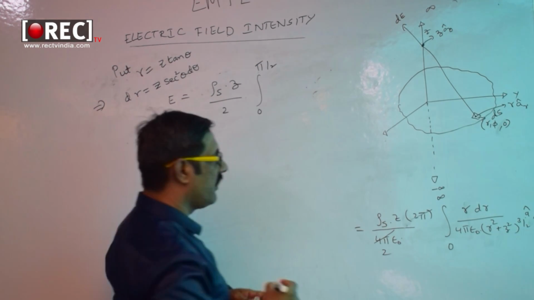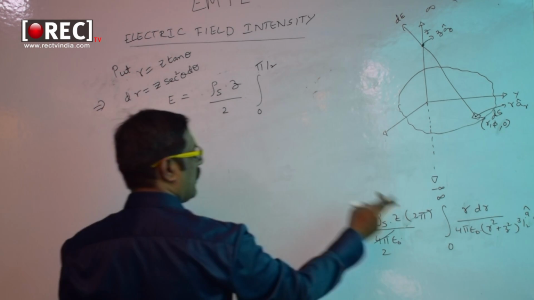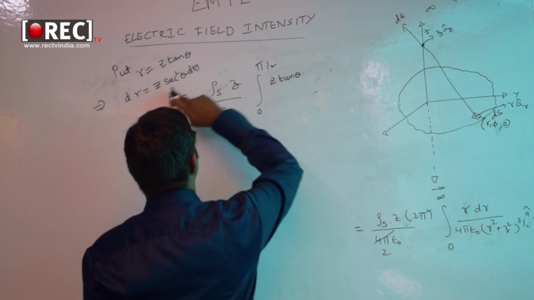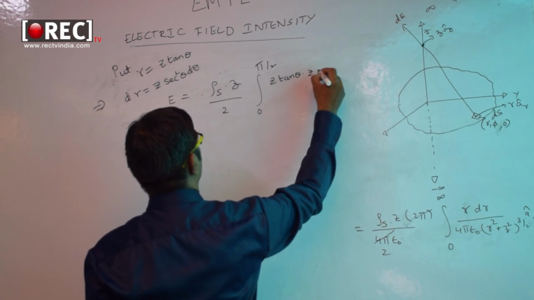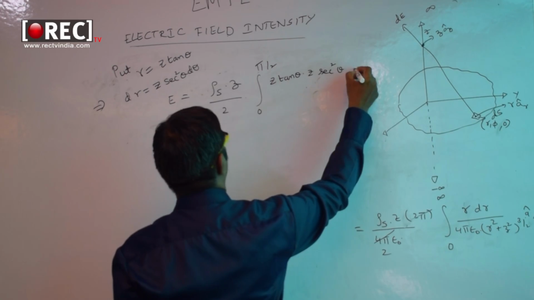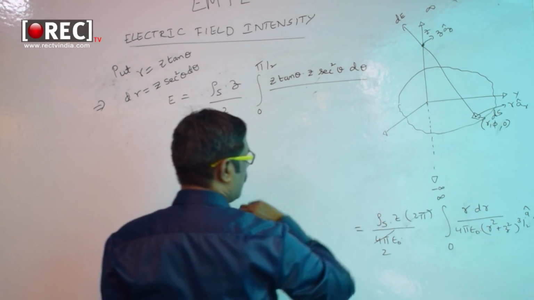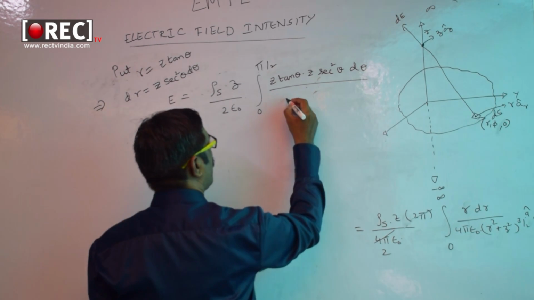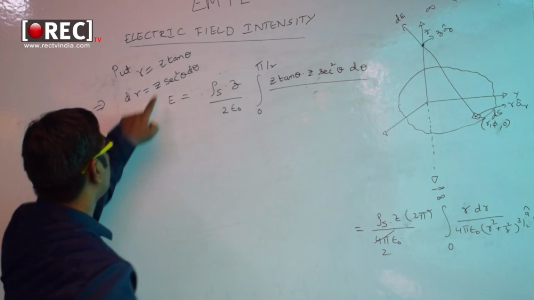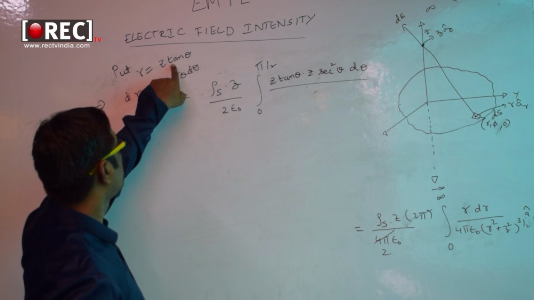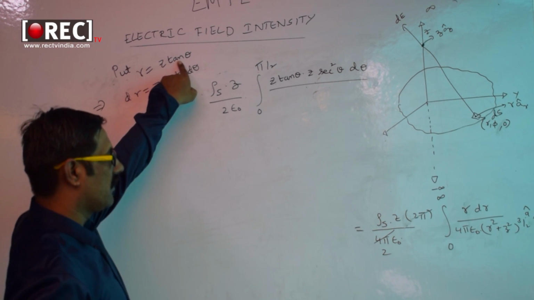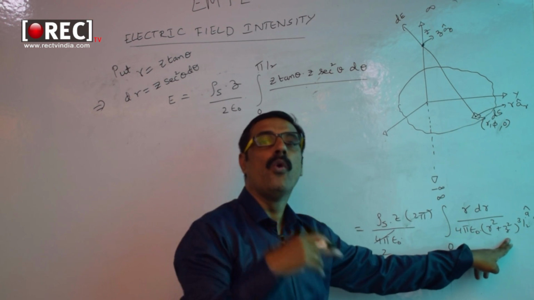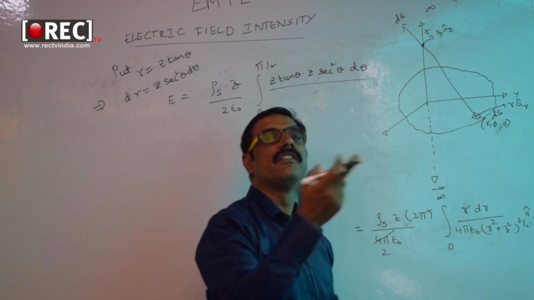So instead of 0 to infinity, it is 0 to pi by 2, and r I am replacing with z tan theta into dr, which is z into secant square theta d theta, divided by 2 epsilon naught, and here you are having r square plus z square, which I can replace with z square into 1 plus tan square theta, which is secant square theta.